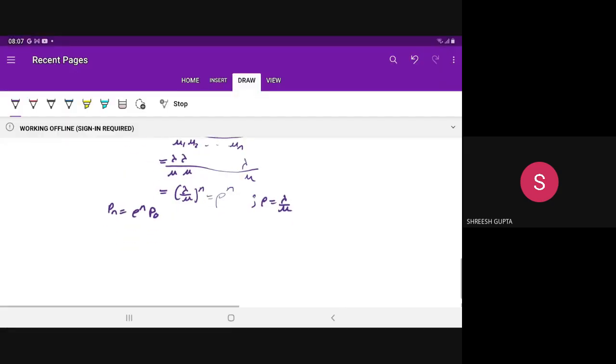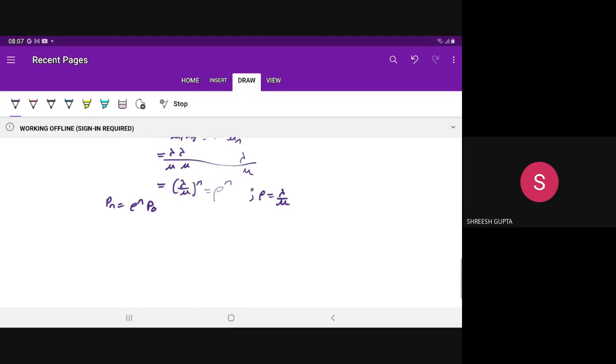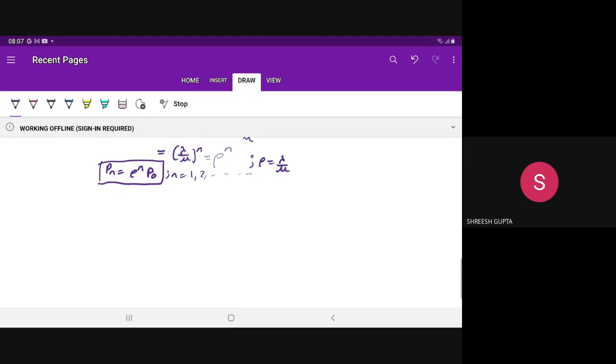Now please observe. I was saying that Pn is equal to rho to power n into P naught for n equal to 1, 2, 3, and so on. Now we have to compute the value of P naught from the normalizing condition. What is the normalizing condition?